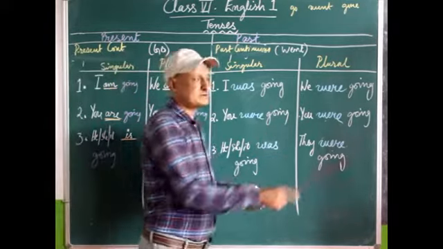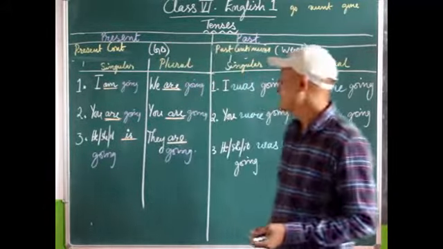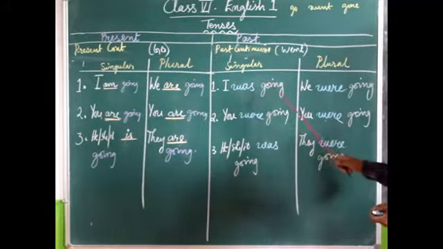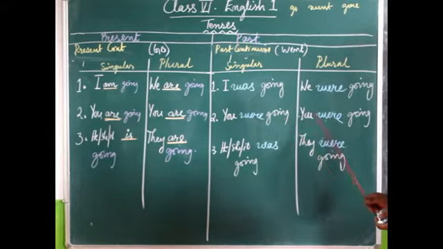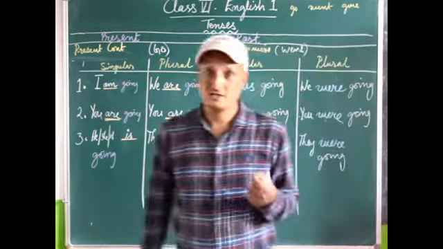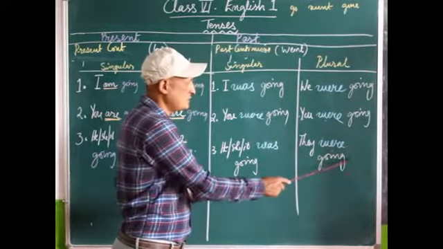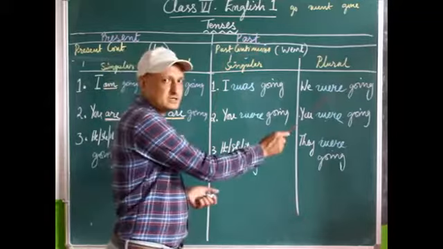The verb remains the same, that is ing. So therefore we have a sentence in the past continuous, that is I was going to school, we were going to school, you were going to school, he was going to school, and they were going to school. So this is the past continuous.